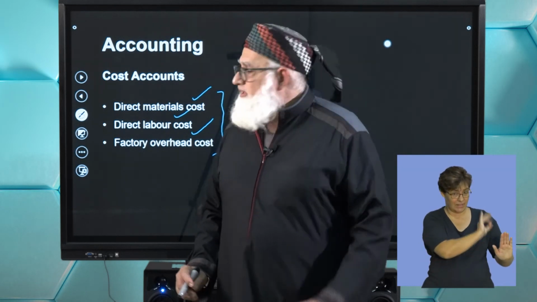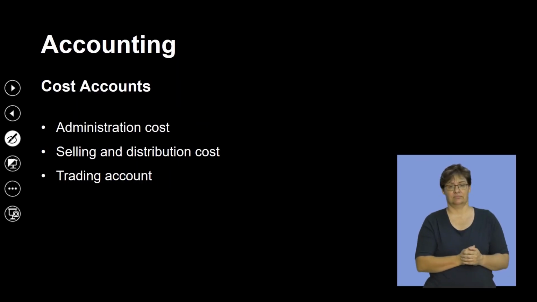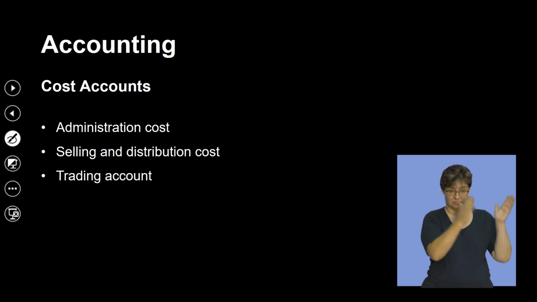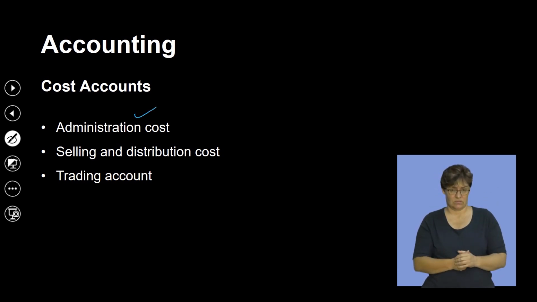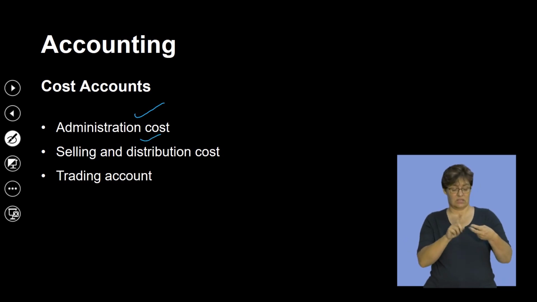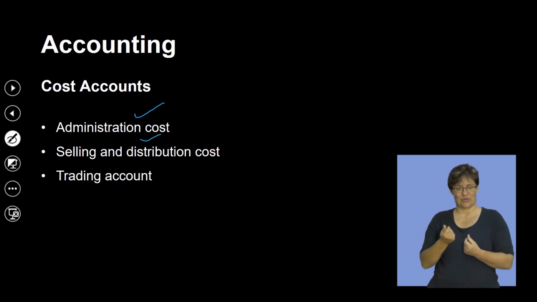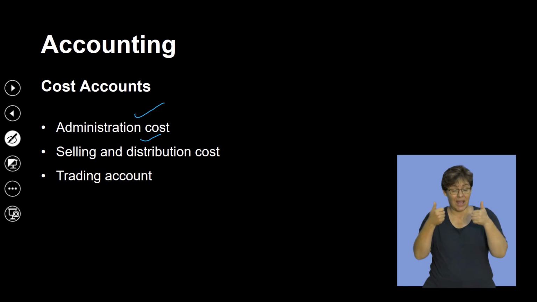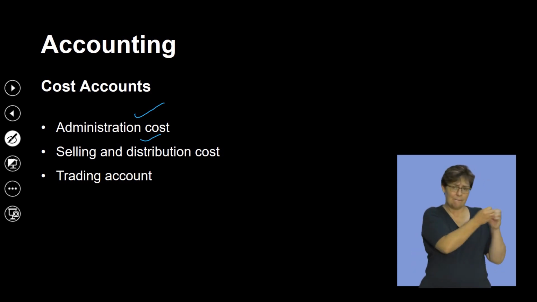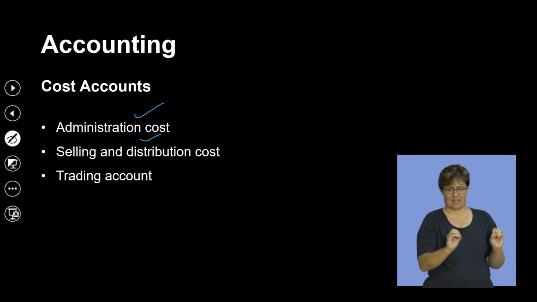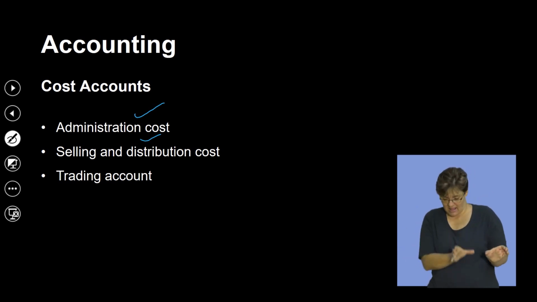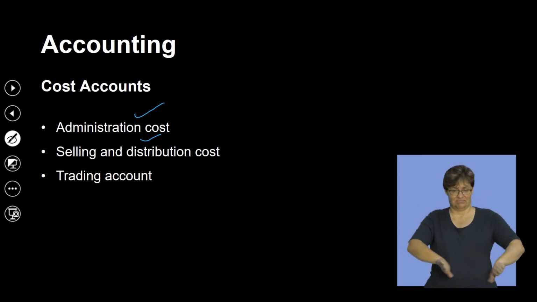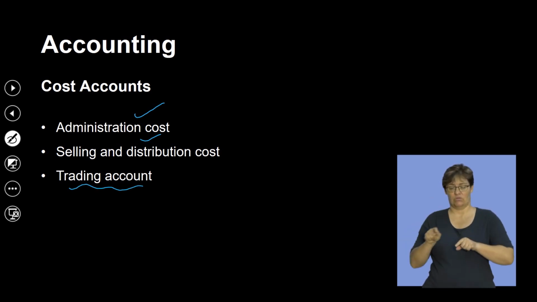Clear? Then we dealt with the other two cost accounts: your administration cost and selling and distribution cost. Those two cost accounts have nothing to do with the making of the product, but rather with the selling of the product. And therefore, they go into your trading account and your profit and loss account, right?